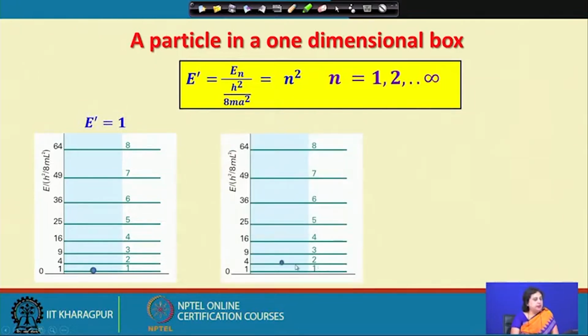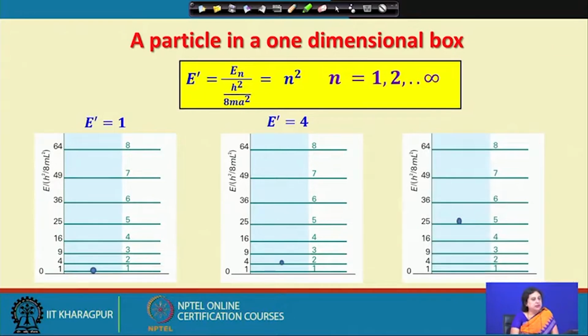Similarly, here the system corresponds to n equal to 2, and therefore E prime, the energy of the system in units of h square by 8 m a square, is equal to 4. Similarly, this is a pictorial representation of the system corresponding to n equal to 5, and E prime equal to 25.